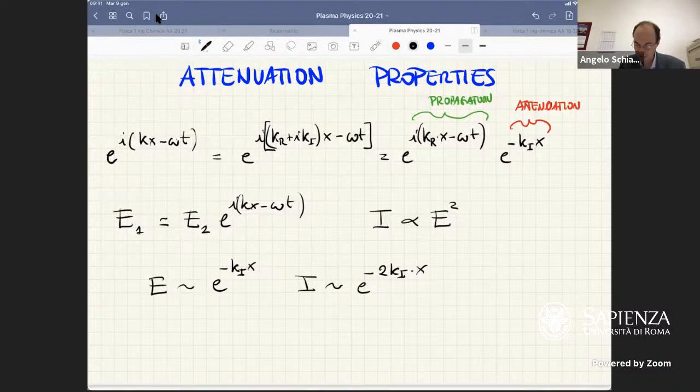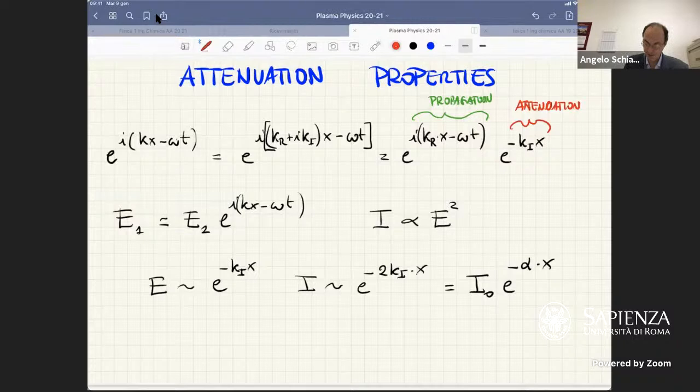And we write this as I naught, at a given point, times e to the minus alpha times x. And alpha is called the attenuation coefficient, which is related to the intensity instead of the electric field.